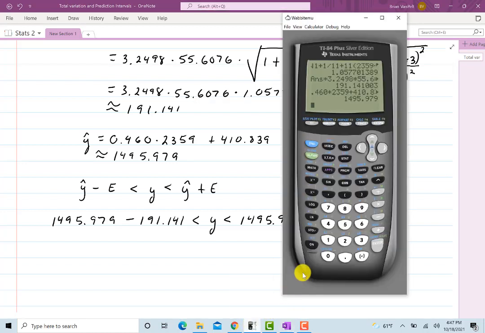So let's see, 1495.979 minus 191.141, enter, 1304.838.